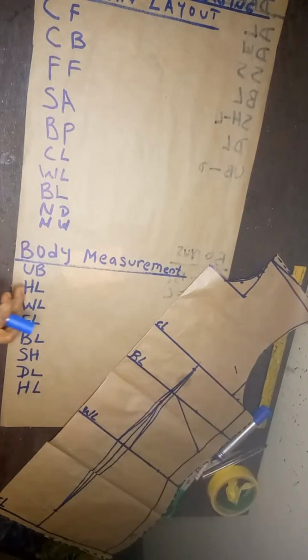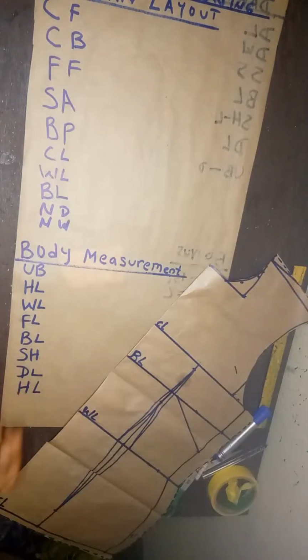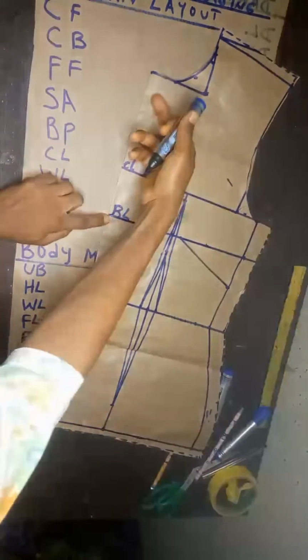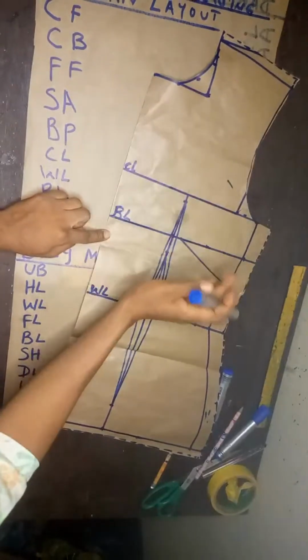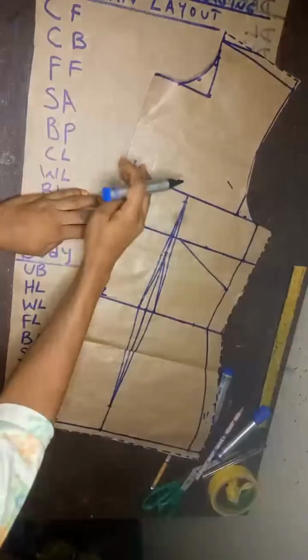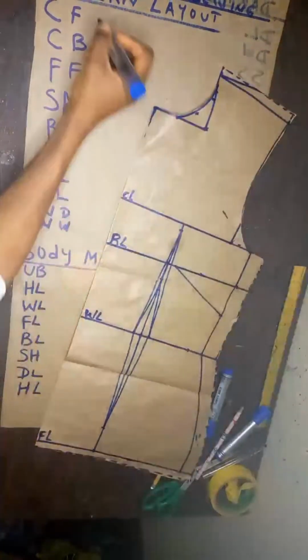So the first one here is CF. On our pattern you usually see CF. CF means center front. Now this pattern paper is assumed to be on fold, so when you open it up, this will be the center. So this CF means center front.